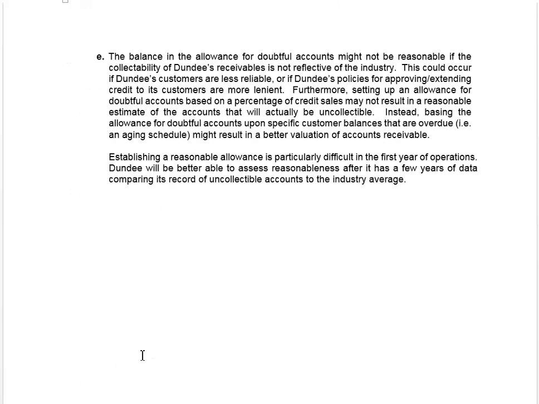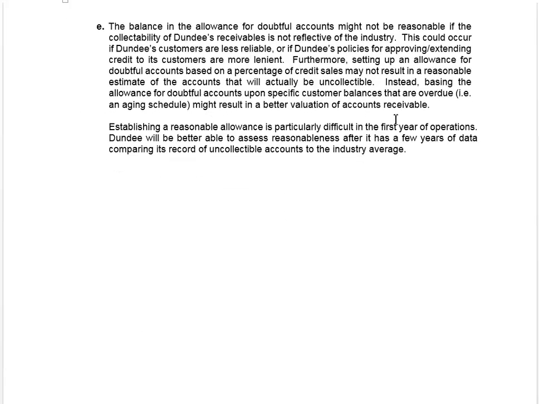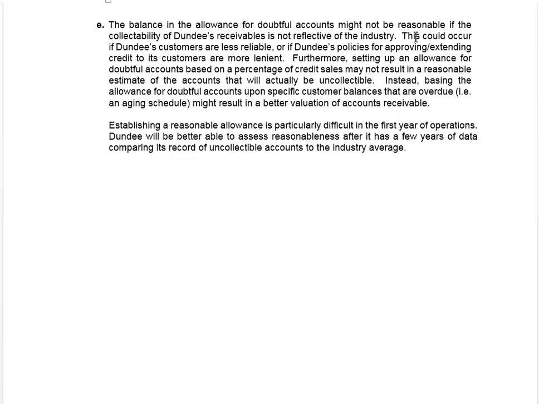So again, this gives us another opportunity to teach, because it says here the balance might not be reasonable if the collectability of the receivables is not yet reflective of industry. And why they're saying that is because, don't forget, you set up the allowance based on what the industry was using, which is 3%. We don't know what's reasonable for you.